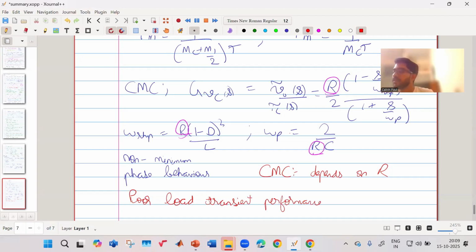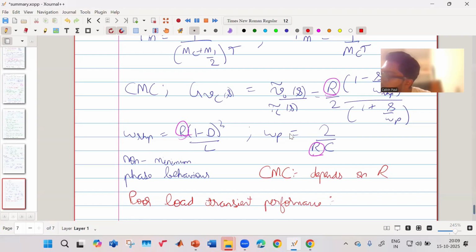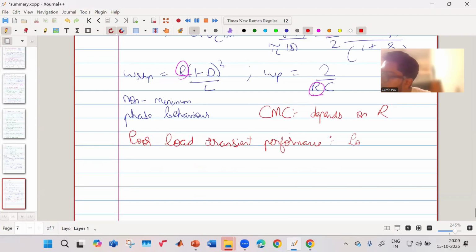Okay. So because it has poor load transient performance, what is recommended is we use what is known as load feed forward. Load feed forward means we have to sense I output current as well, or we should estimate I output.